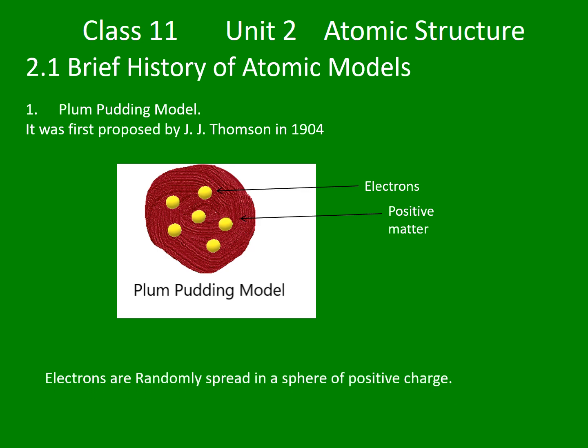Electrons are randomly spread in a sphere of positive charge. When heated, the electrons vibrate to produce electromagnetic field. Students, it says that when we heat an atom, the electrons vibrate with the higher velocity, and thus they produce electromagnetic field.